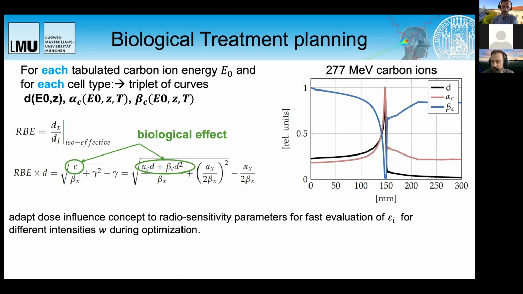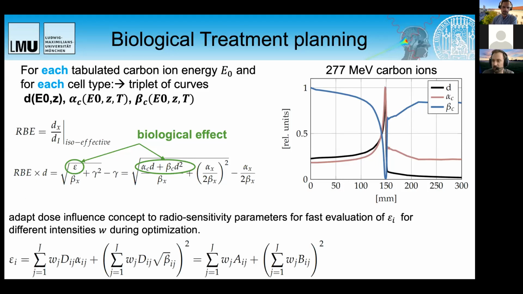So instead of having for the tissue itself one alpha or beta parameter set, you have depth dependent alpha beta parameters in the voxel. So in each voxel in the patient, you have a different alpha and different beta depending on the carbon depth and so on. This is the LEM part of the model.